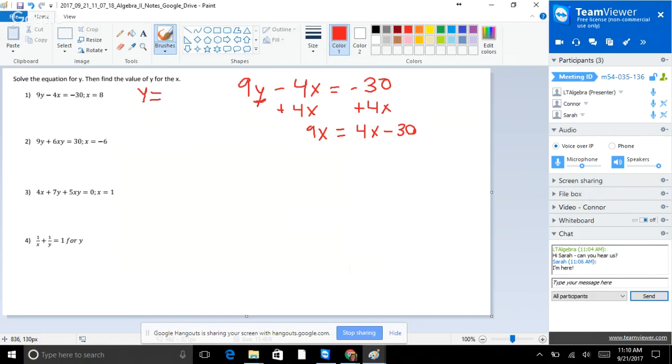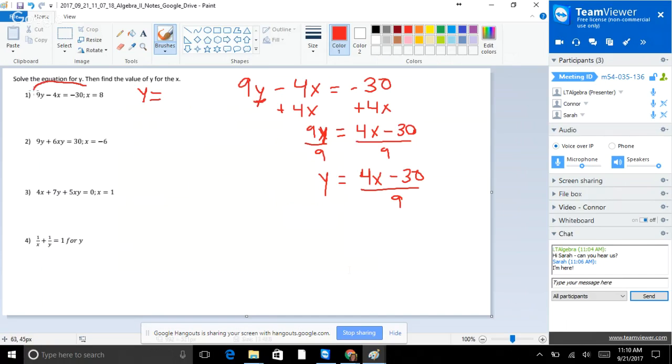Now we do have to divide both sides by 9, but at least we didn't have to move fractions around. So 9y divided by 9 leaves y equals 4x minus 30, all divided by 9.